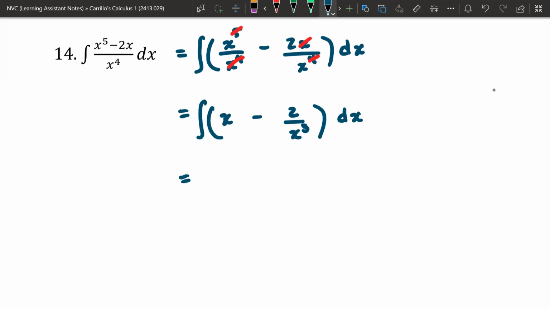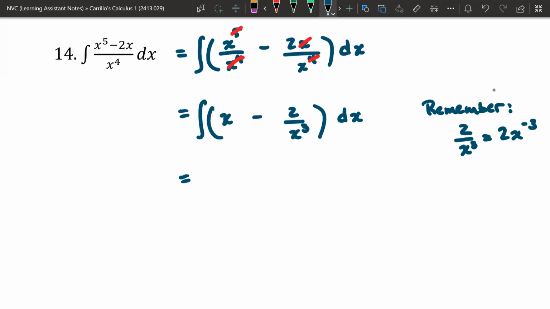So integrating this, again, remember that 2 over x cubed is 2x to the negative 3.